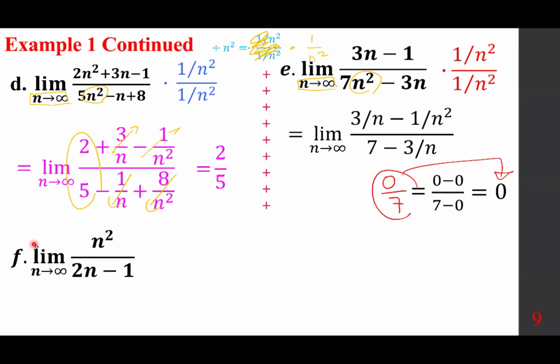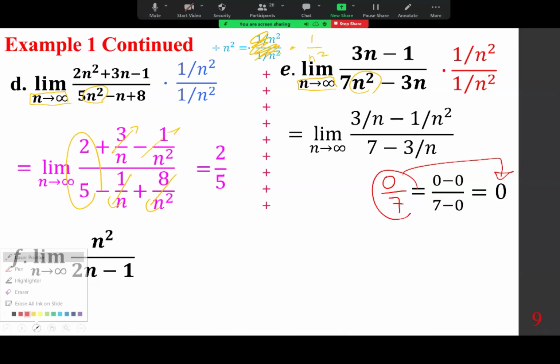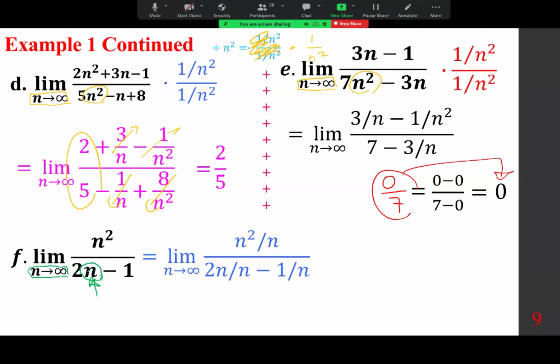What about here? Same thing. n is approaching infinity. We divide by the highest degree term in the denominator, but this time this is n. So again, multiplication by the reciprocal, so dividing by n, or multiplying by 1 over n.